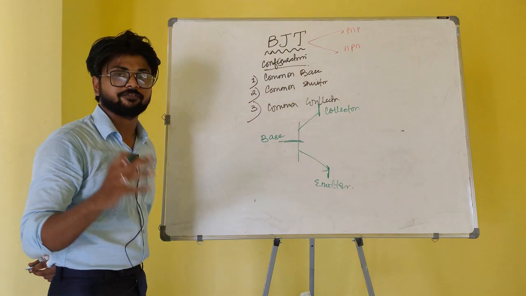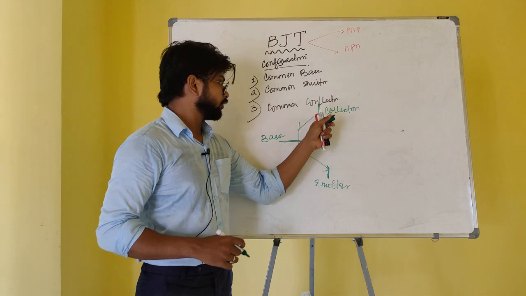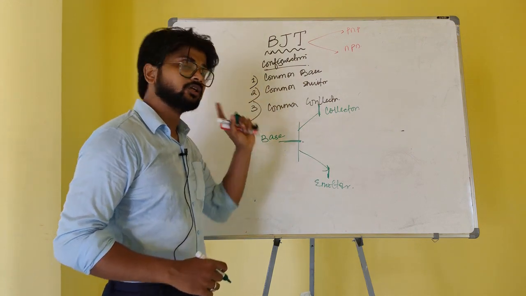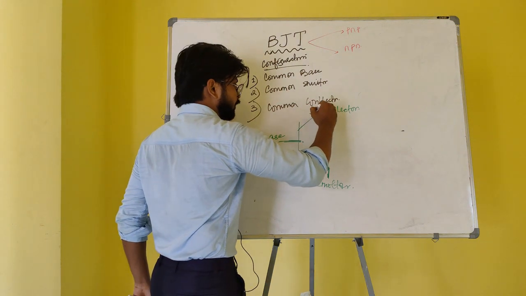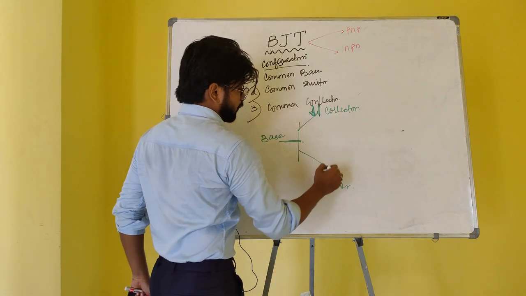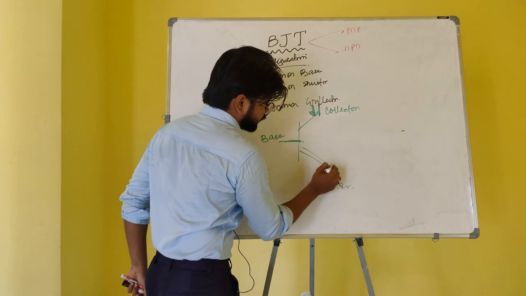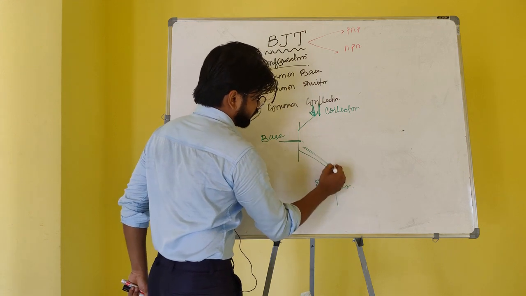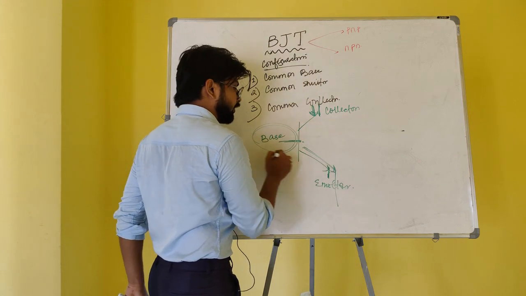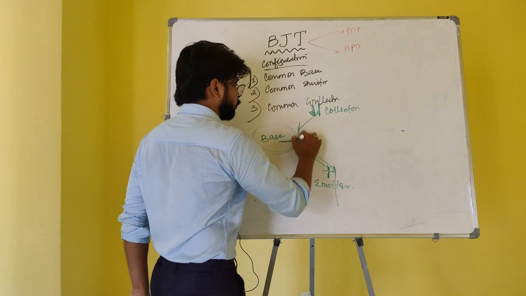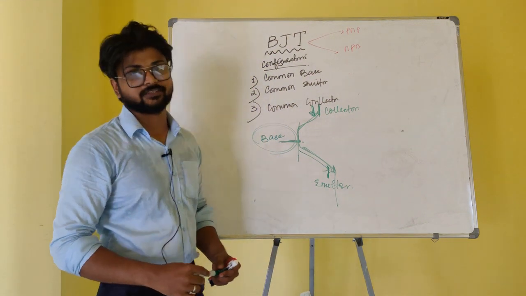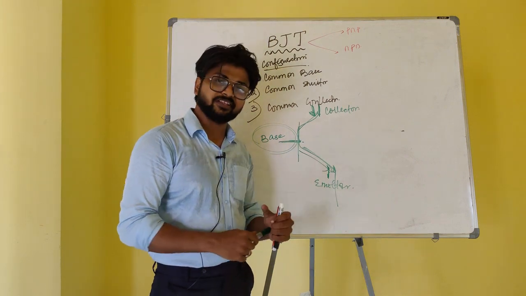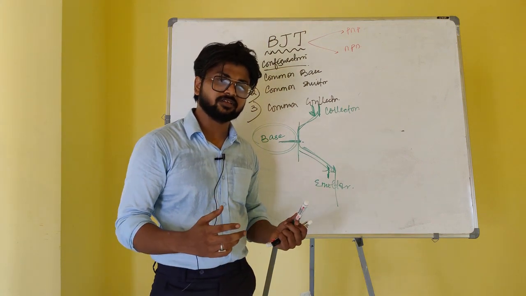Why are these names given so? In this BJT, the purpose of the collector is to bring the current in. The purpose of the emitter is to emit the current out. And the purpose of the base is to control this incoming and outgoing of current. Let us explain this in a very easy manner.